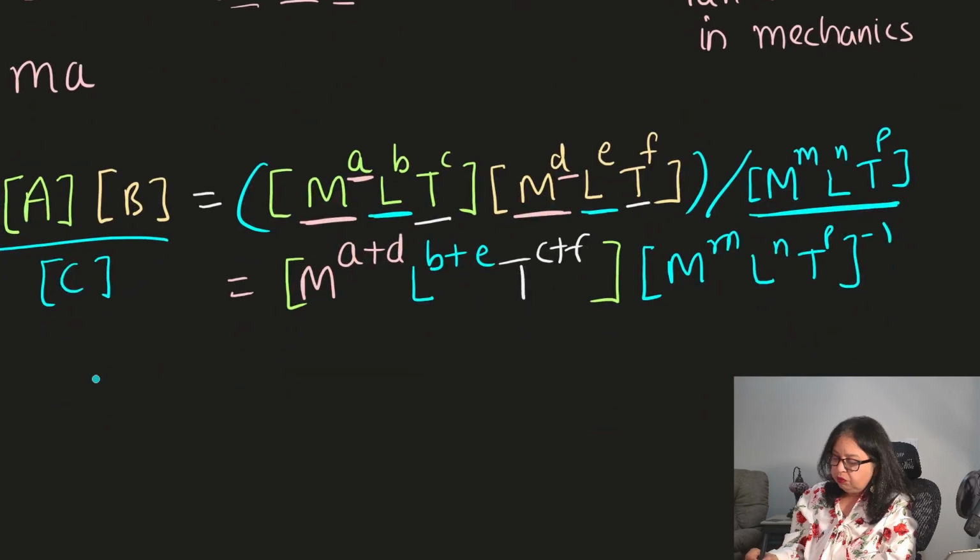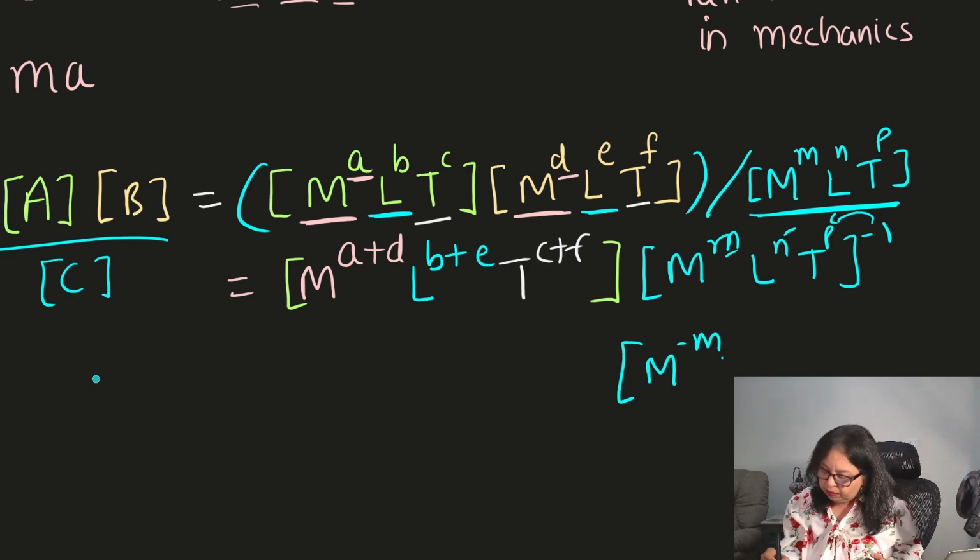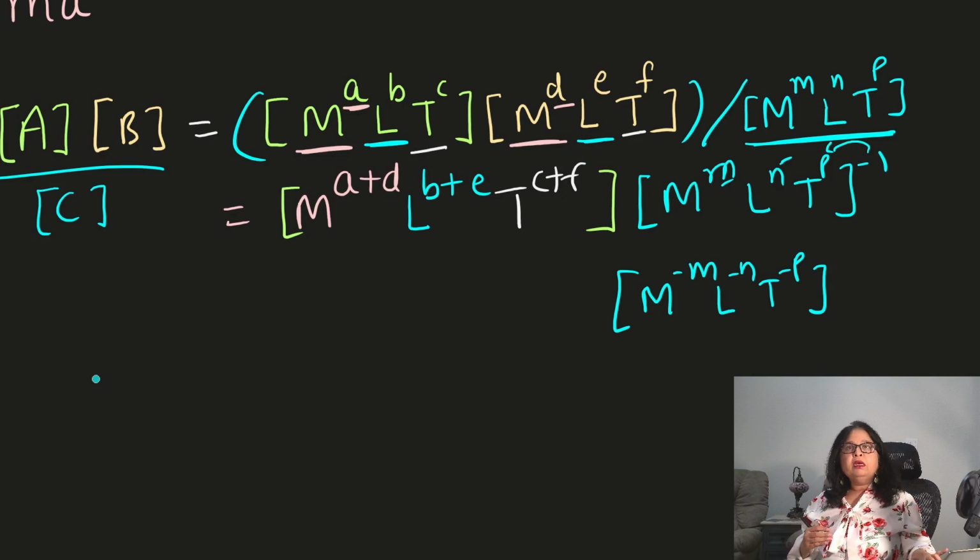And this -1 is going to multiply each of these powers. So instead of writing this, I could have straight away written M to the power -m, L to the power -n, T to the power -p. So whenever you bring something from denominator to numerator or vice versa, you switch the signs of the powers. That's all you have to do.